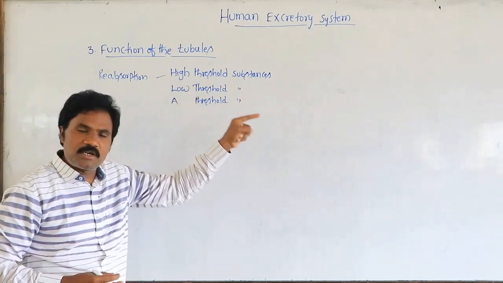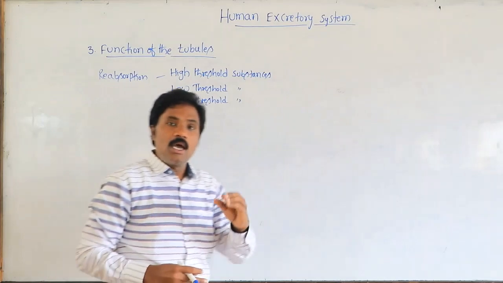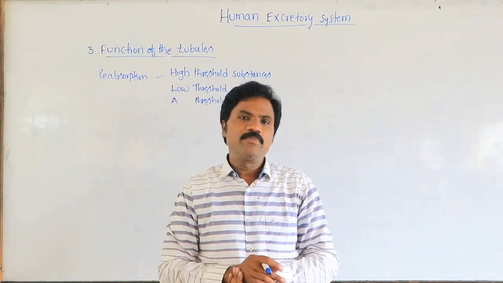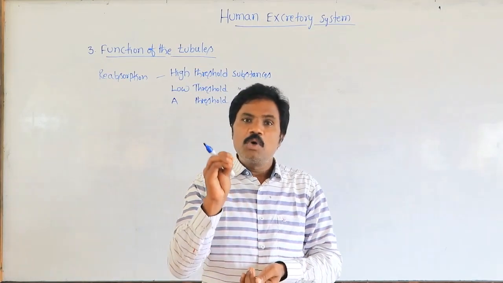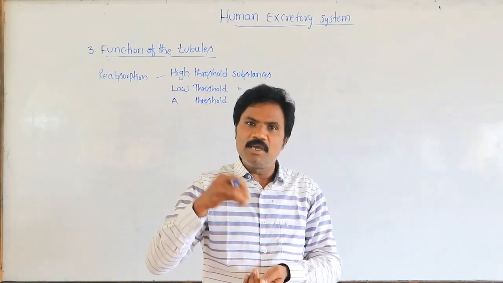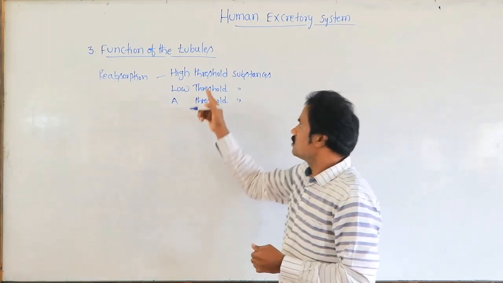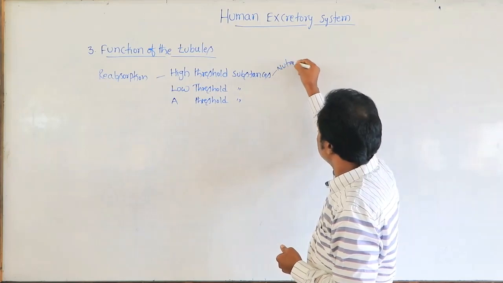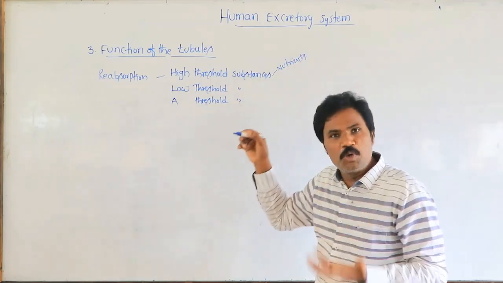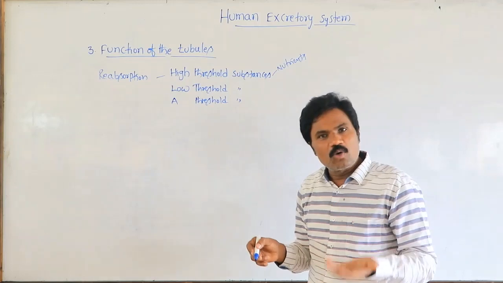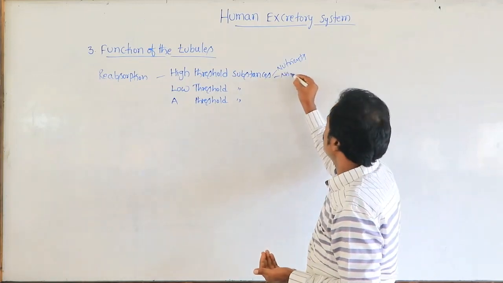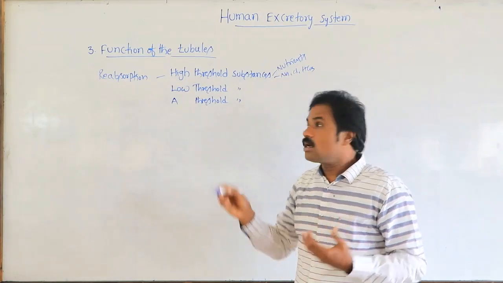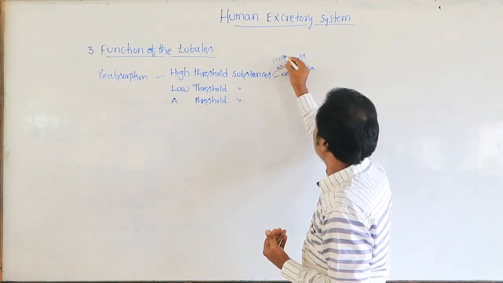High threshold substances are the substances that are reabsorbed maximally in our body, very much reabsorbed. Such substances we call high threshold substances, like most nutrients, vitamins, electrolytes like sodium, chlorine, bicarbonate, and another very important one, water.